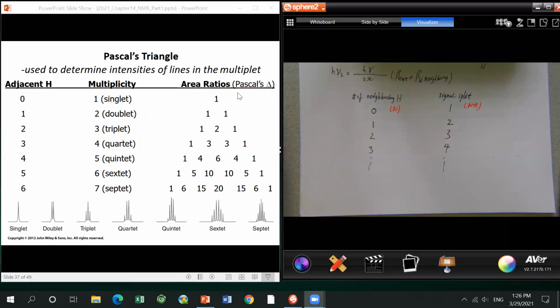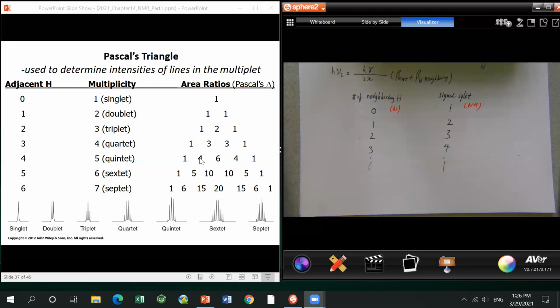And then the relative ratio of the peak intensities. You don't need to memorize that. Just look at Pascal's triangle. If you cannot remember the ratios, just think about the two shoulder numbers; the sum of these two numbers added together gives this number.